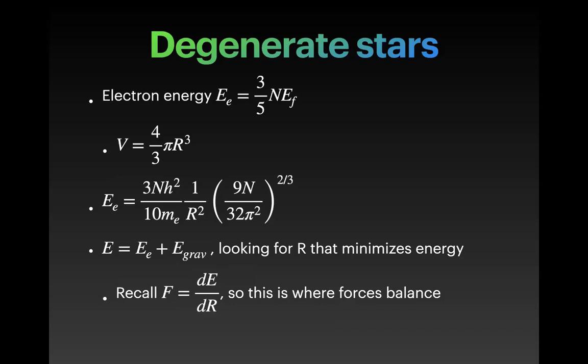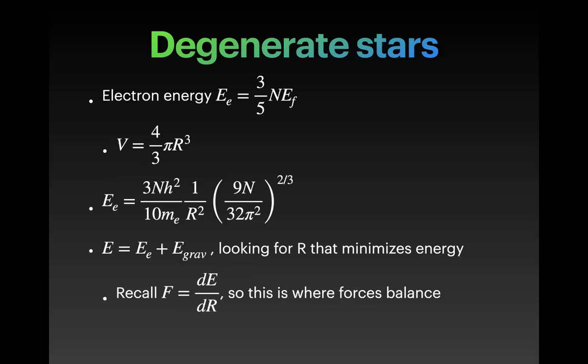All right, so we would do that calculation based on the definition of the Fermi energy, which we determined. Use the volume, we want to write that as a function of radius. So rather than just a generic volume, we would put in the 4/3 pi r cubed, which is the volume of the sphere. Put that in with electron mass and everything else, and we get that expression for the electron energy.